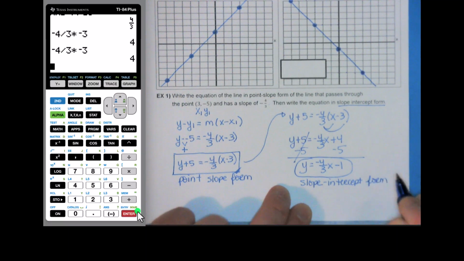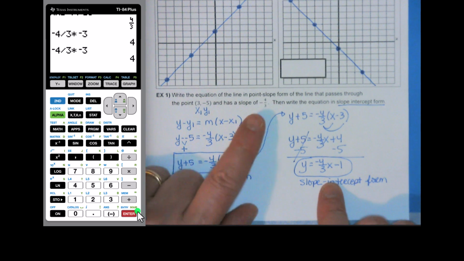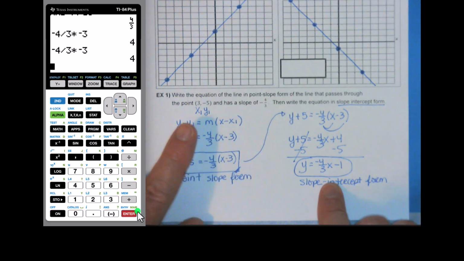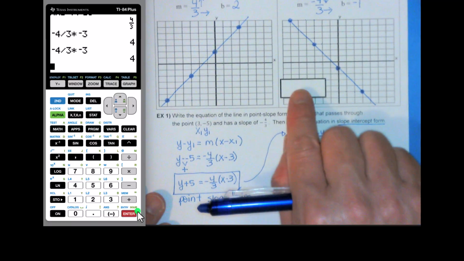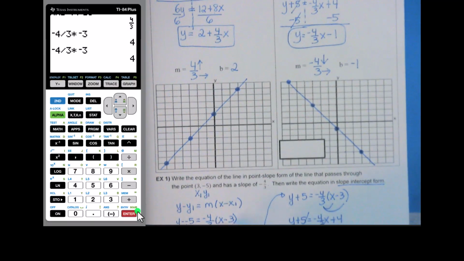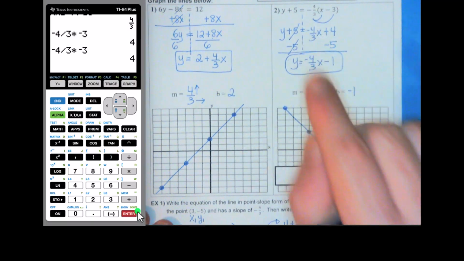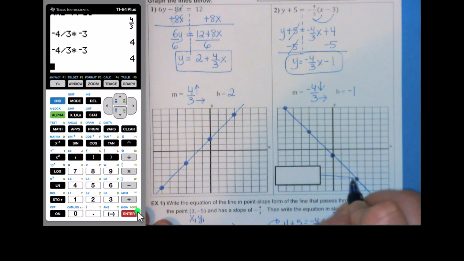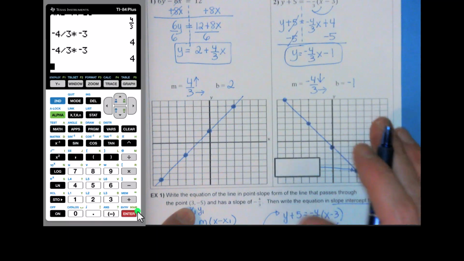So what we did, we found the equation in point slope form and slope intercept form of the line that has this slope -4/3 and goes through this point. Okay, in fact, if you notice right here, I actually graphed this equation. As you can see, this is the point that we found, 3, -5.